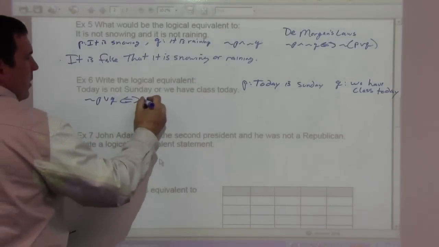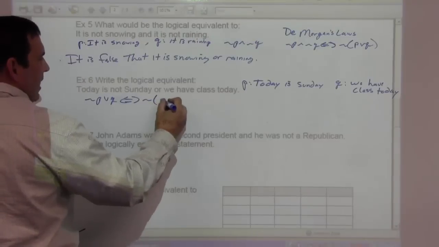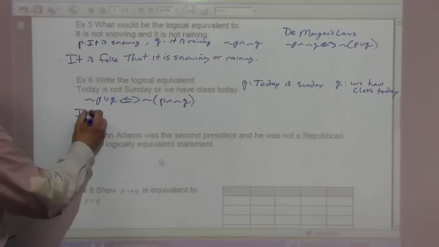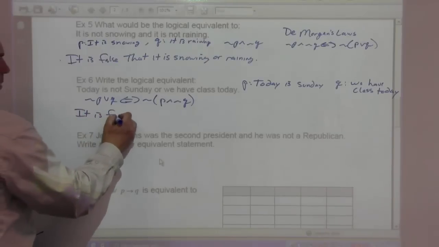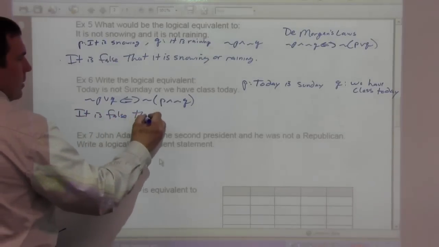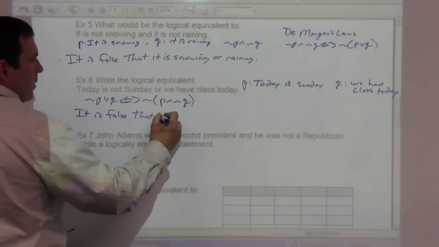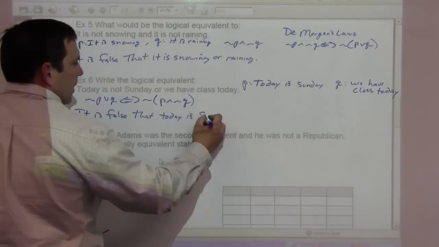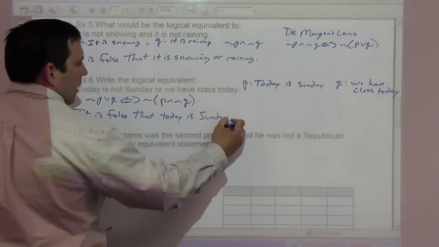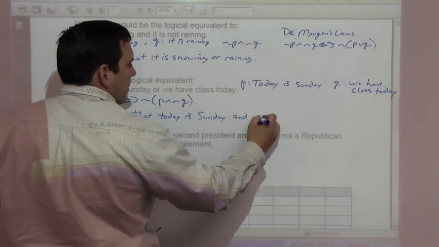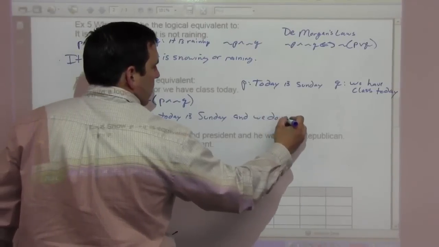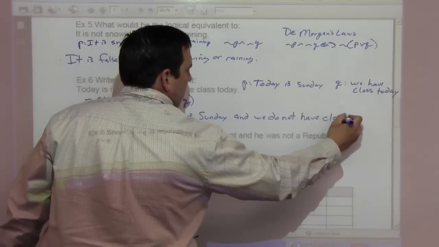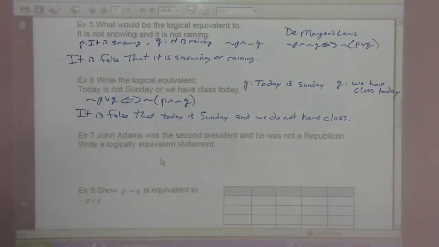This would be equivalent to the negation of P and not Q. So we'd say it is false that today is Sunday and we do not have class today.